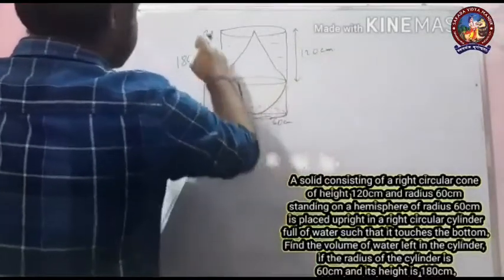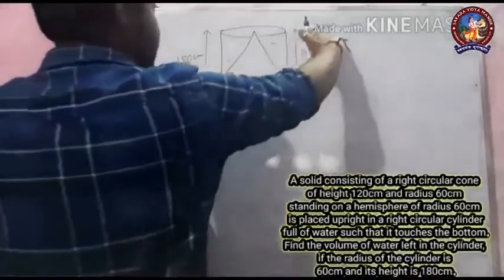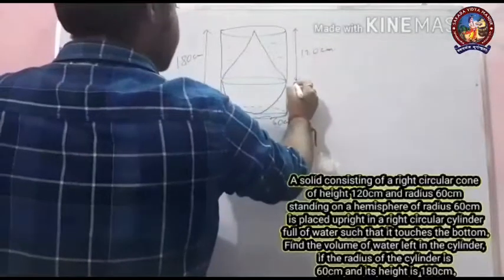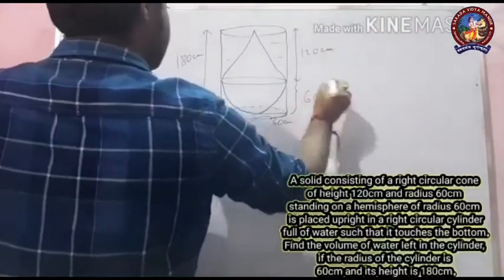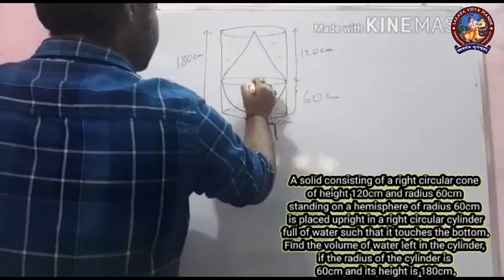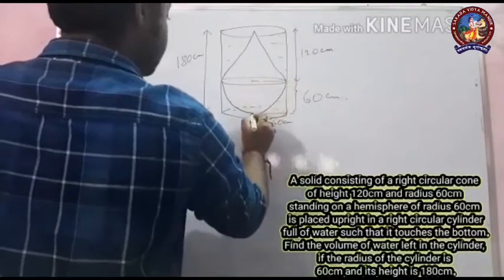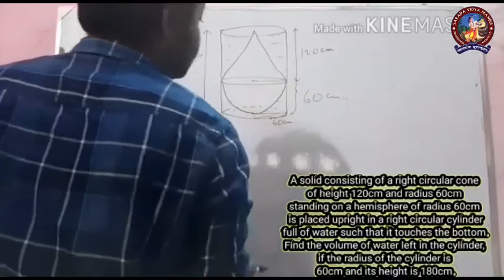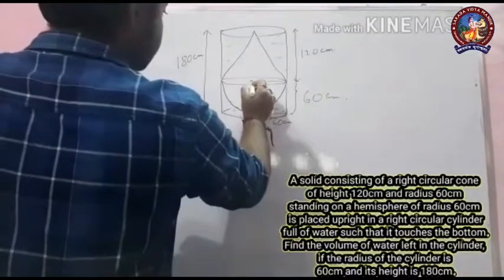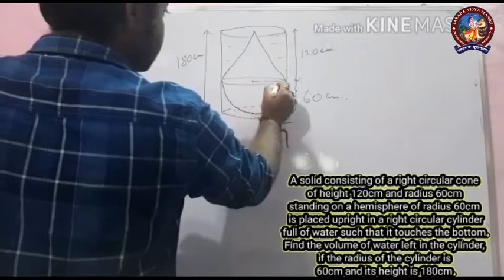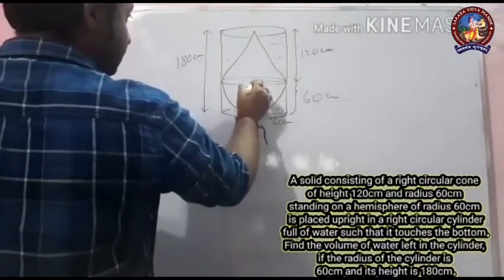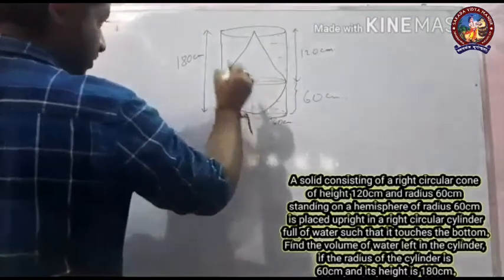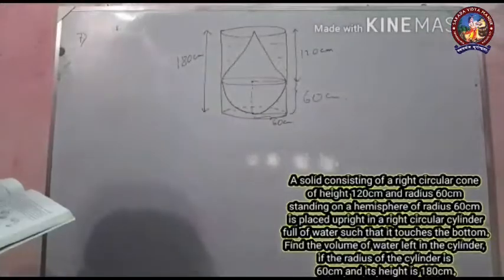So this total is 180 and this much is 120, so the remaining part is 60. You can also say that the radius of the cylinder is 60, which is also the radius of the hemisphere, and since it is a hemisphere, this distance will be 60 centimeters, right?